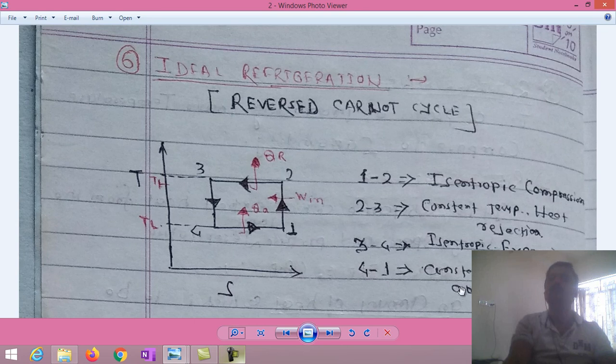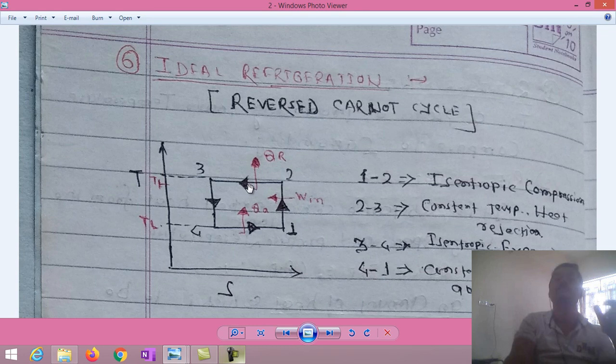Basically it consists of 4 components: compressor, condenser, expander, and evaporator. In the compressor, isentropic compression takes place. In the condenser, constant temperature heat rejection takes place. In the expander, isentropic expansion takes place, and in the evaporator, constant temperature heat absorption takes place.